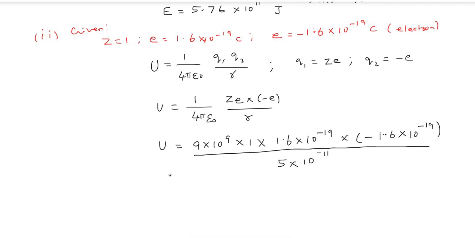Solve this value, we get U equal to minus 4.6 into 10 power minus 18 joule.